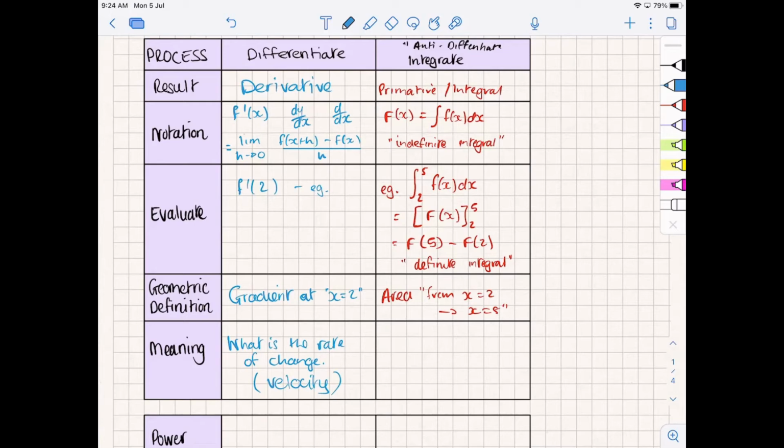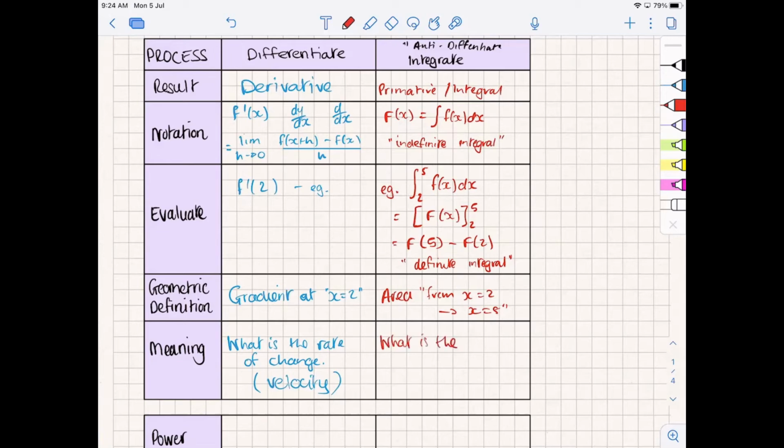If we think back to when we started integration, I gave you the velocity and we went backwards to find the displacement over time. So if gradient or differentiation is all about the rate of change, what is integration all about? Finding the displacement.